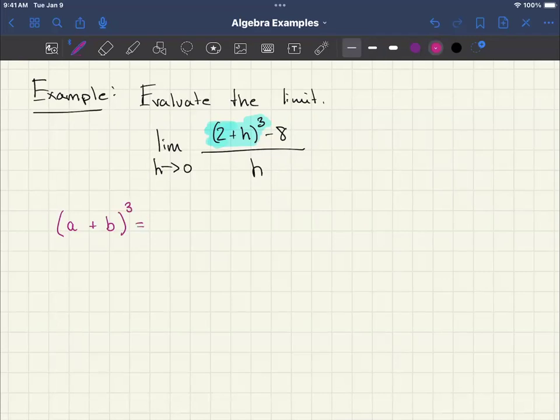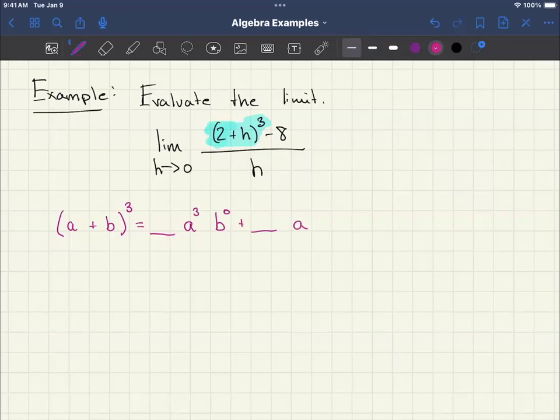Now, we're going to have our coefficients out front, of course, when we work with this. I'm going to leave that blank for now, and we'll talk about that in just a bit. And then we're going to have our a and our b. And we're going to start with our a to the third power and b to the 0 power. And then we have our second coefficient.